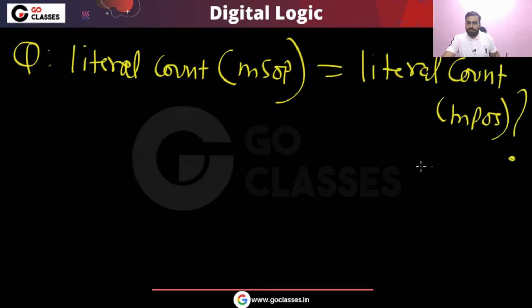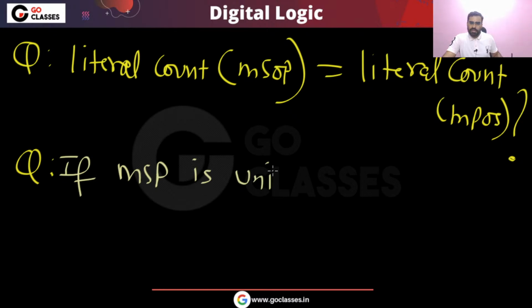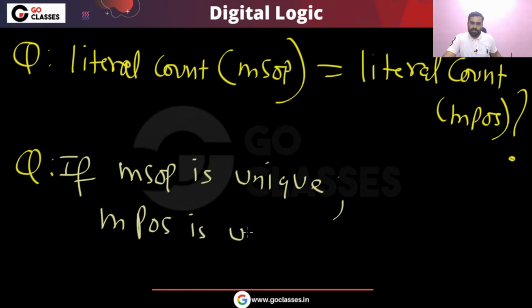Is this statement correct? True or false? And the second question: if minimum SOP is unique, can I say minimum POS is unique?